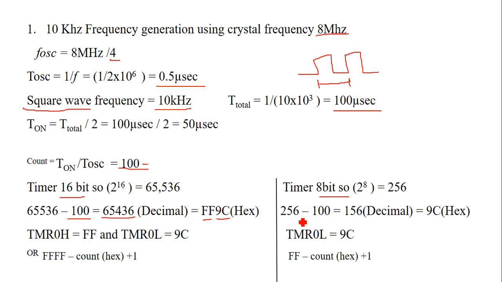So 256 minus 100 gives the decimal value 156, which converts into the hex value 9C. So only TMR0L will be in the program and TMR0H is just neglected. In hex, for 256, the conversion is FF minus count plus 1.